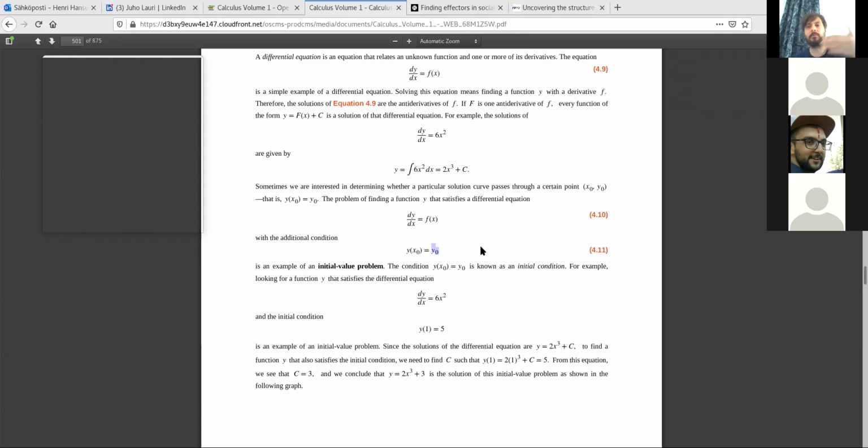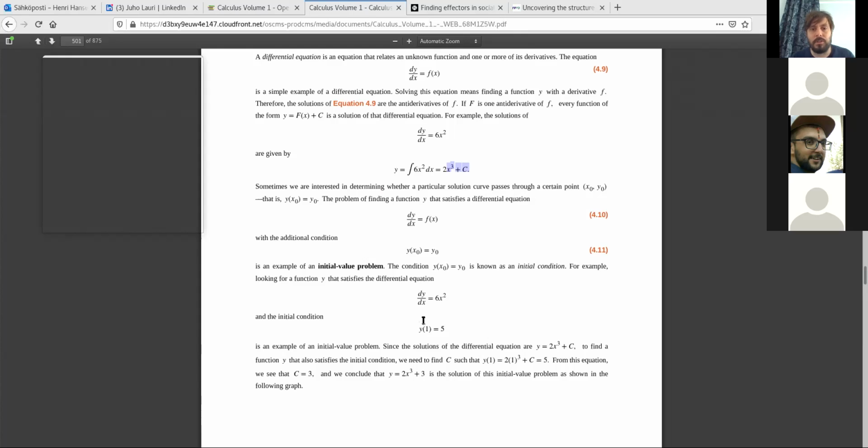However, if we have an initial value x0, and we know that the value is y0 at that point, for instance, we know that the train stopped at that station, and its speed has increased as it's gotten further from the station, then we can calculate this, because when x is 0, this 2x to the 3 plus c must be 0, so we get that c must be 0.